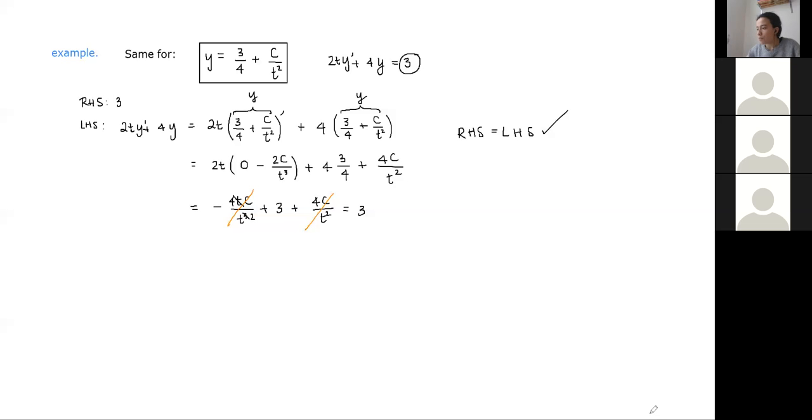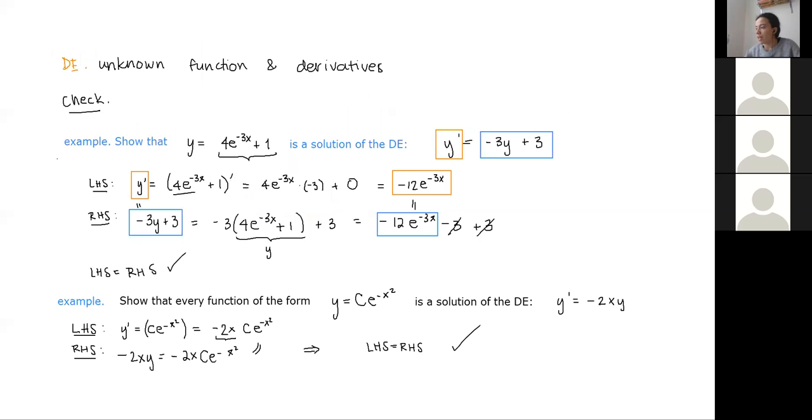Okay, now, in the previous page and in this page, you may have realized that you had, for example, here, show that every function of the form c times e to the x squared is a solution of this equation. What that means is that you have a function, but that function also has a constant in front that doesn't necessarily have a specific value, right? So for example, here you didn't have that c was equal to 2, or 3, or a given value.